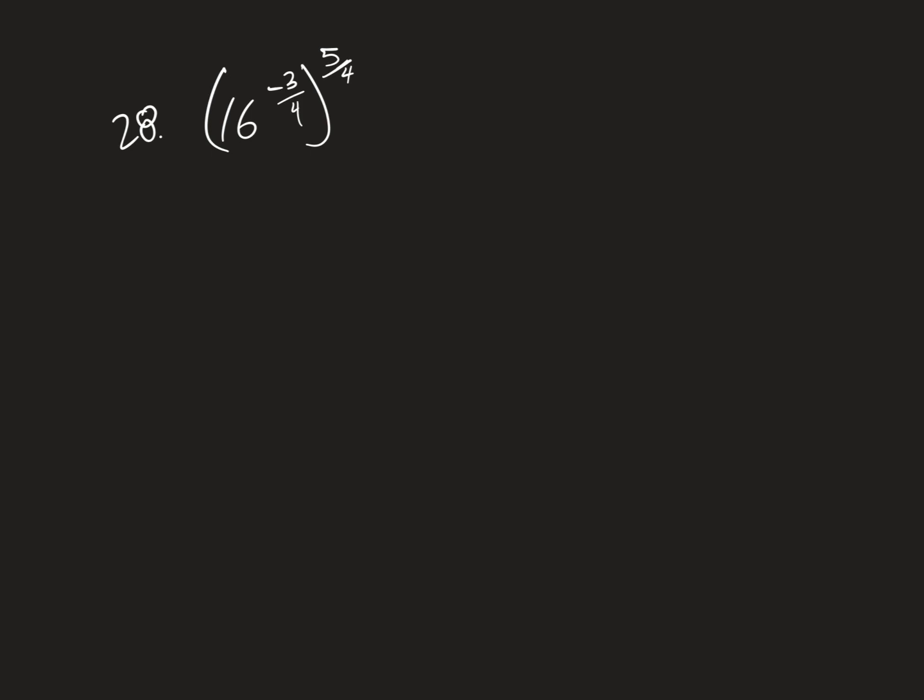Okay, let's take a look at problem 28. So 28 has 16 to the negative 3/4 to the 5/4 power. Okay, and this one is kind of interesting. Let's just note that when you have exponents on top of each other like this, we can just multiply them together.